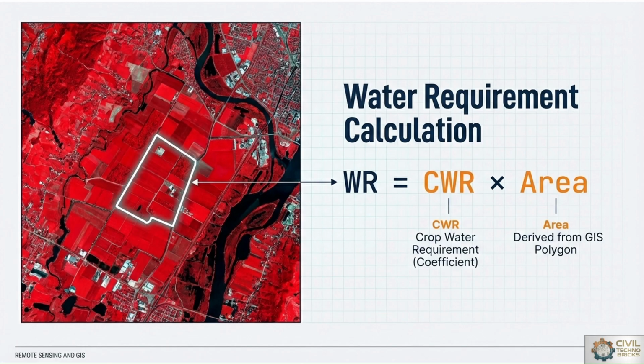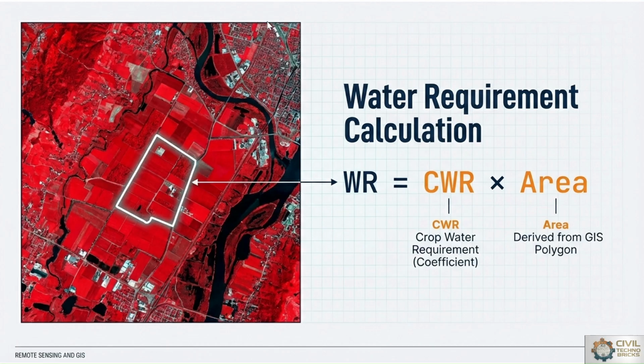From the GIS point of view, this is represented as a thematic map showing the water demand across the command area. This precision prevents over irrigation, which leads to waterlogging and salinity, and under irrigation, which reduces the crop yields, ensuring sustainable, effective agricultural productivity.